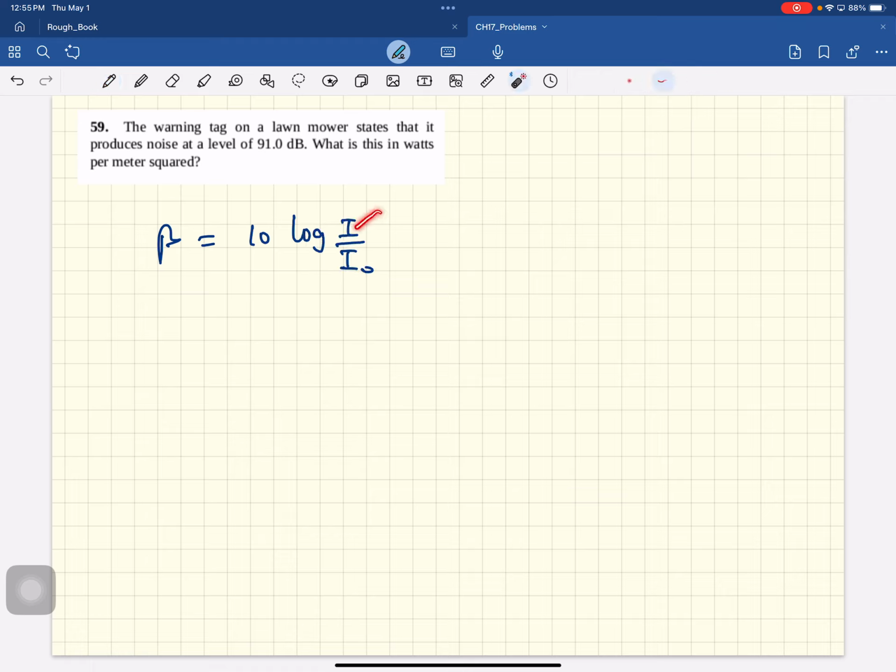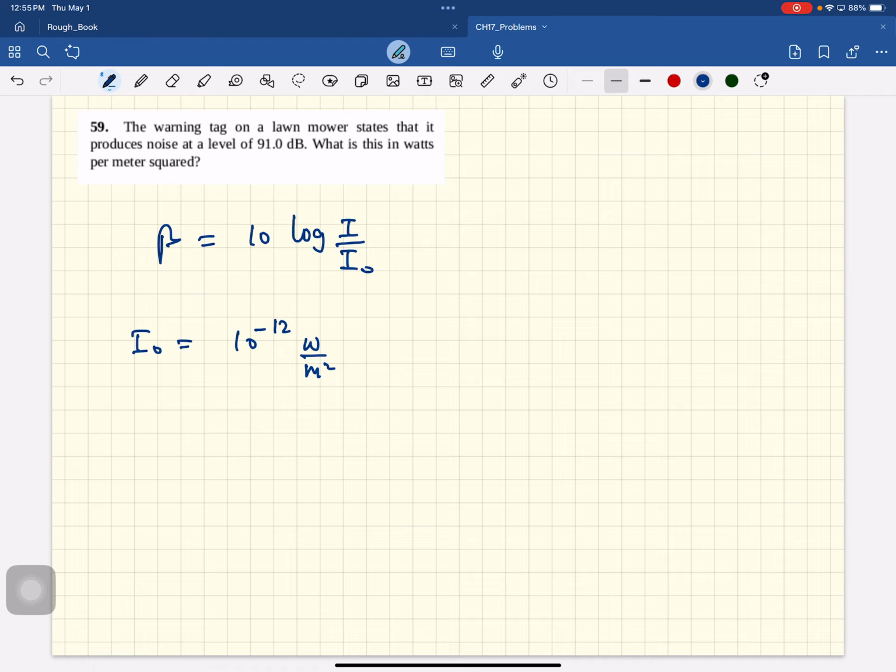This is the intensity of the sound. What is this? The minimum audible intensity, the threshold of hearing, okay? And so I naught is 10 to the minus 12 watts per meter squared, and that's at 3,500 hertz roughly.